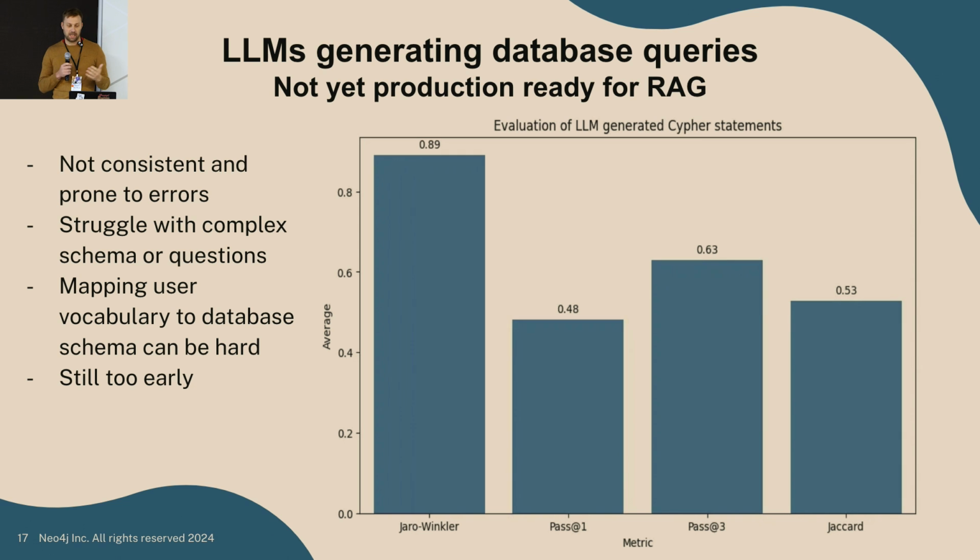And there's the whole thing of mapping, because users usually don't use the same vocabulary as the database people, right? So how do you map these two vocabularies? There's a bunch of problems that need to be solved. You can get kind of good results, and when you get 60-70% accuracy, that's kind of good.